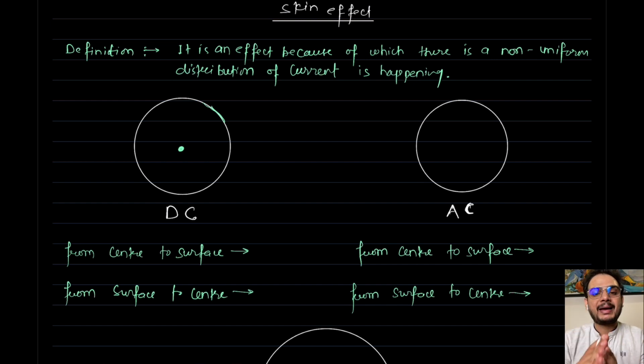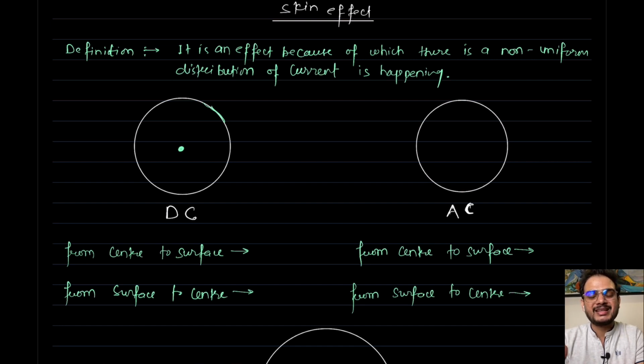But when we come across an AC system, when I am feeding this conductor B with the AC supply or alternating supply, which has a sinusoidal nature, then my current distribution will be non-uniform from center to surface.